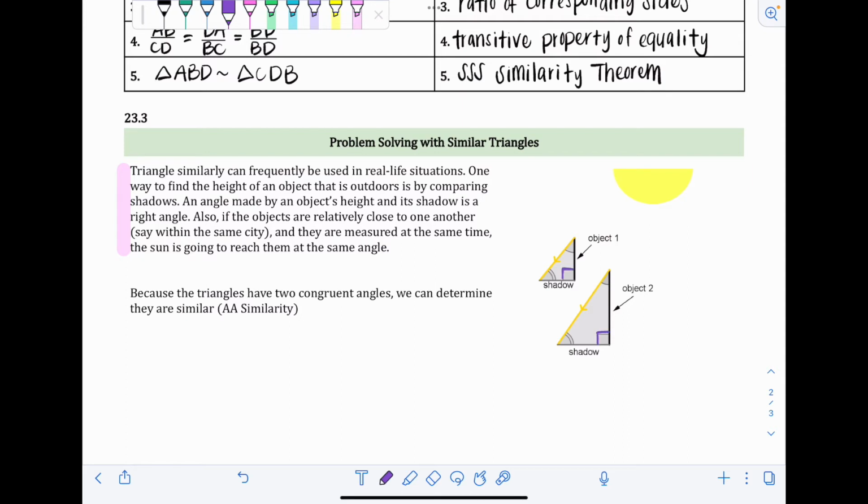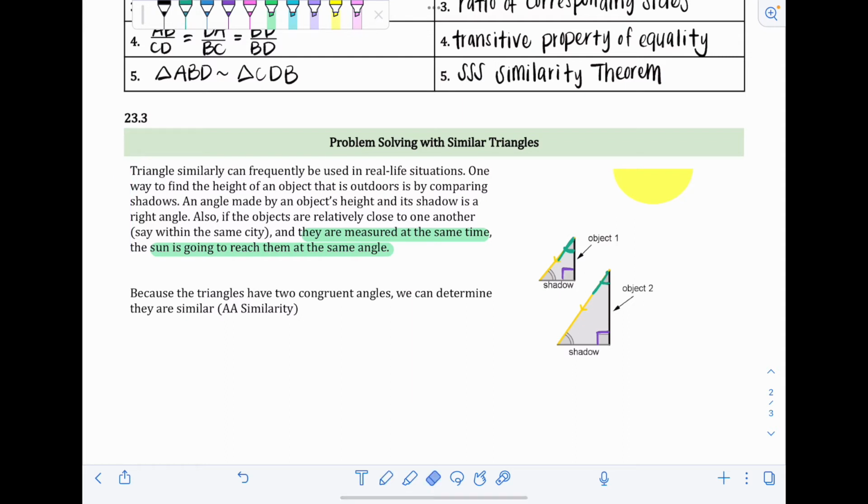And then that second angle, where it says the objects are measured at the same time, the sun is going to reach them at the same angle, is referring to this angle, the angle the sun makes off of the top of the object. Because of that, we can create two similar triangles, because this goes back to the previous lesson, the angle-angle similarity.